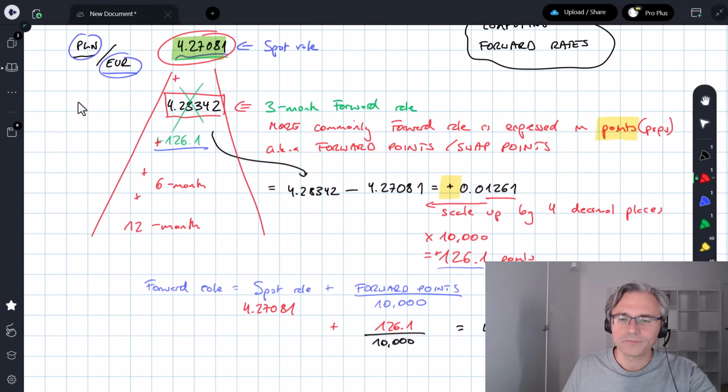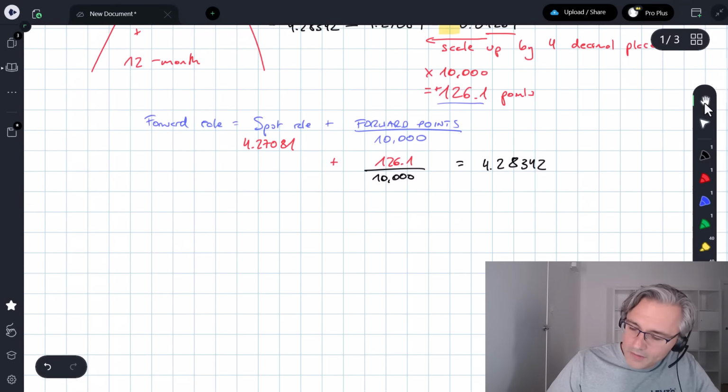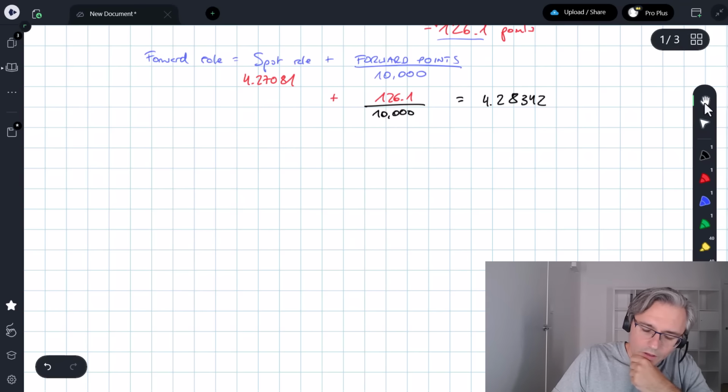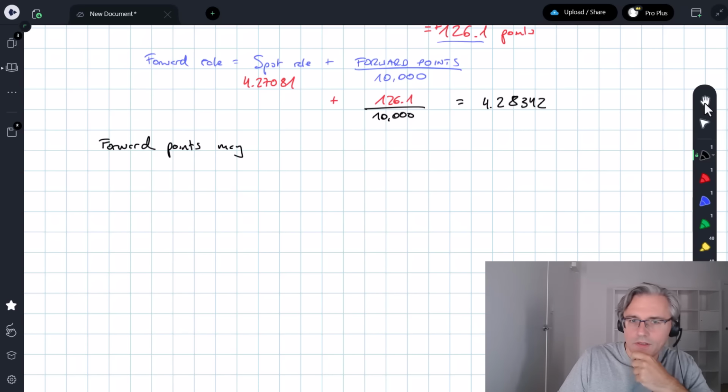Right. Let me also state, because this does get picked up in the curriculum, that forward points may also be expressed as a percentage of the spot price.